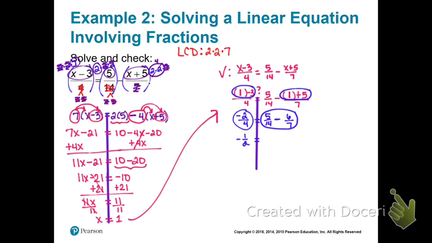Subtract 5 over 14 minus 6 over 7. When you do this, you get negative 1/2. Some of y'all's calculators might tell you negative 0.5, which is the same as negative 1/2. So is that true? Yes. Good. And that means that what's our solution? 1 is our solution.